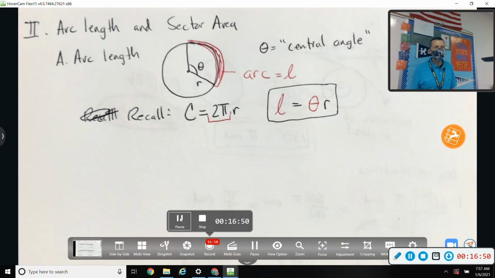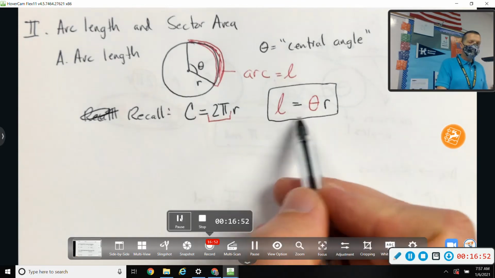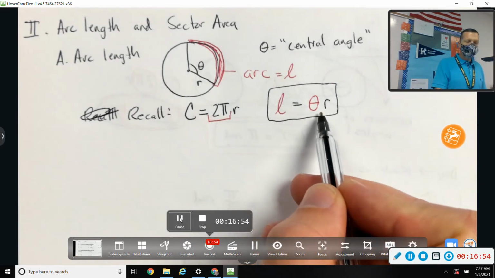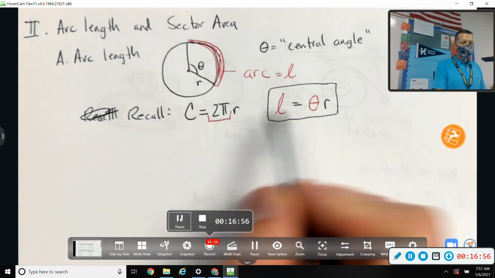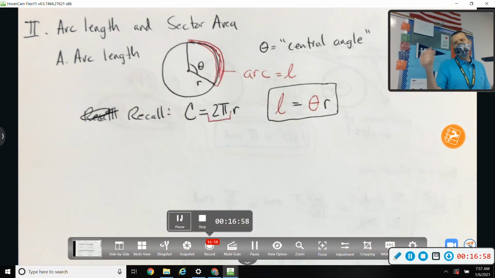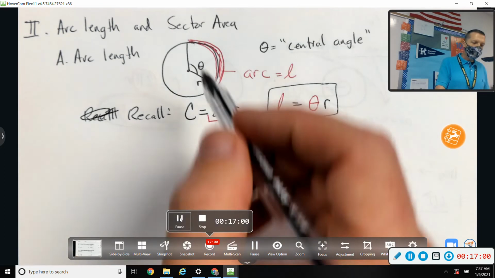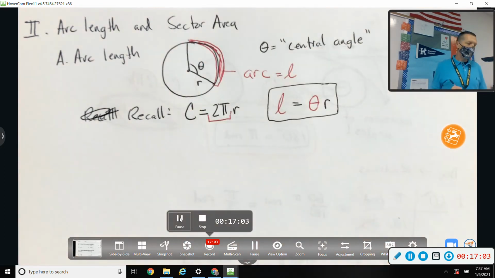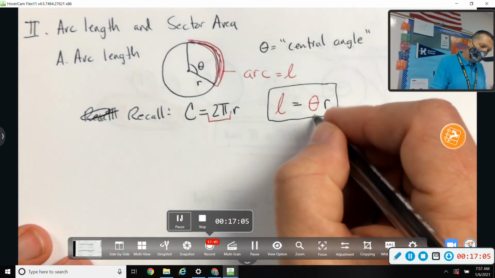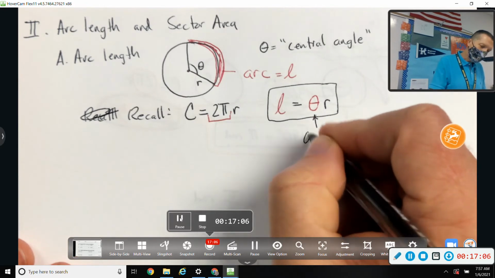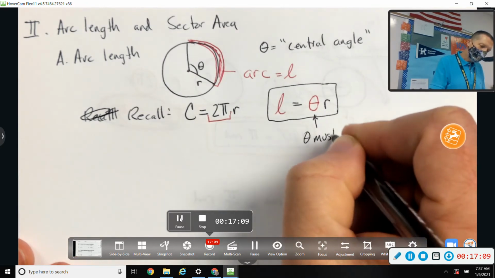The unique thing is you've used this a million times before, but every time before, 2 pi was the central angle because you wanted the whole circle. Now we're going to look at pieces of the circle. The big catch here is that theta must be in radians.